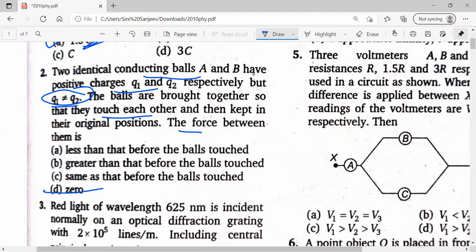Next thing is what? Less than that before the balls touch, greater than that before the balls touch, same as that before the balls touched. The balls are brought together so that they touch each other and then kept in their original position. Obviously, if two balls are kept so close and touching, the force between them will be greater than that of the balls before they touched.